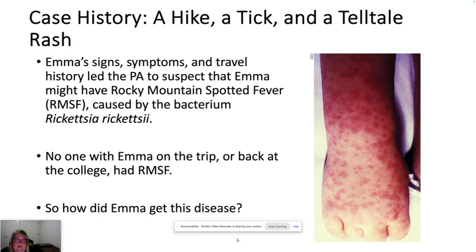When the tick took a blood meal from Emma, it regurgitated some of the blood from the animal reservoir, which is contaminated with Rickettsia rickettsii, which is going to then get into Emma's bloodstream and cause the start of the infection. So this is how Emma came down with RMSF.